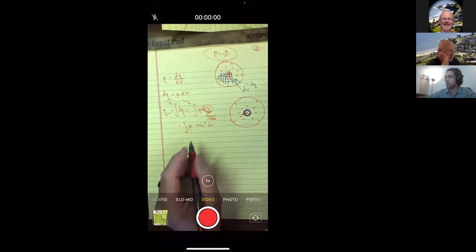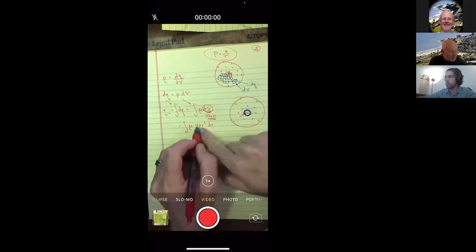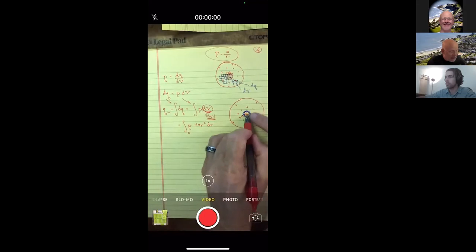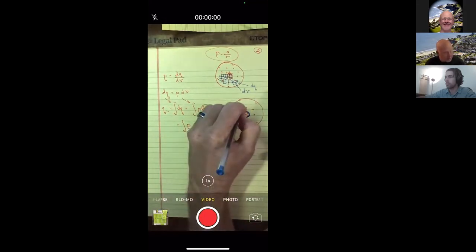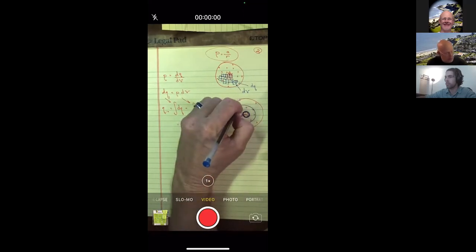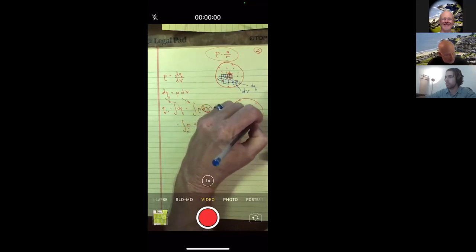And that's going to be added up from a really small shell of radius 0, making the shells bigger and bigger. I'll just draw another bigger one out here. So I've got 2 shells in my drawing, but I'm really adding an infinite number of them closer together.